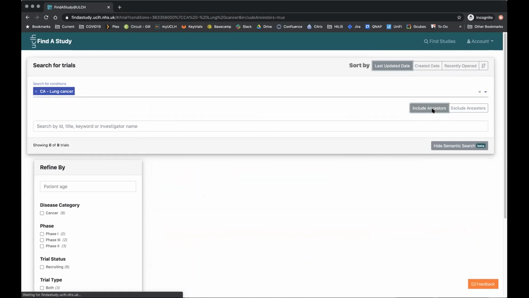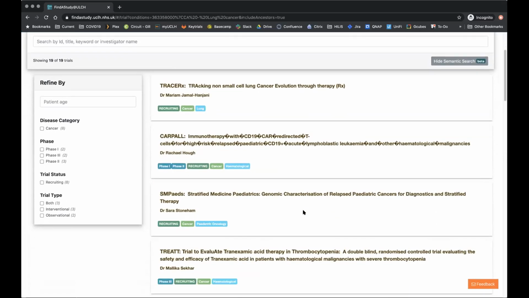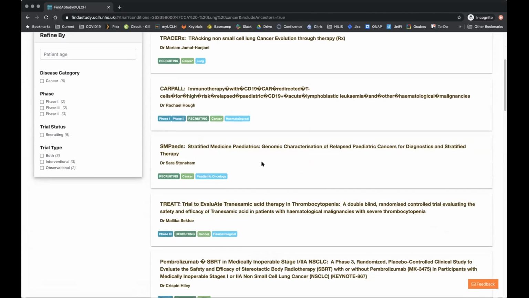If I include the ancestors as well, you can see quickly it's gone from 8 to 19, because trials such as this one, which is about any pediatric cancers, which may be lung or otherwise, are also included. So the semantic search gives you that kind of really powerful capability.